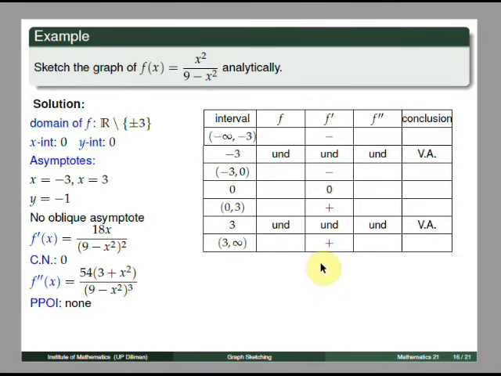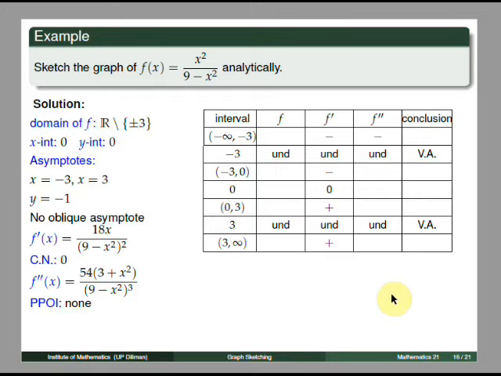Alright, let's continue to f double prime. It's the same. We need to substitute a number on the interval and check whether f double prime is negative or positive. Okay? You can pause the video and try it on your own. You should get the following.